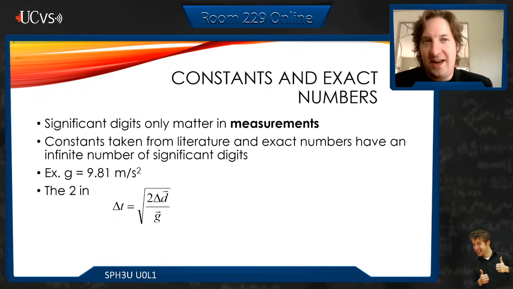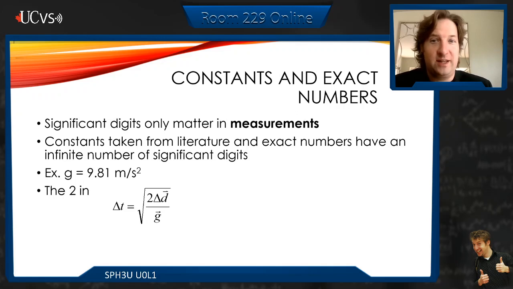Now, if there's ever a physical constant, like gravity or Planck's constant, some number that I give you in the formula sheet, in our reference section that has a whole bunch of physical constants, any of those numbers, we're going to assume that those scientists who gave us those numbers have better, more accurate devices to measure things than we do.